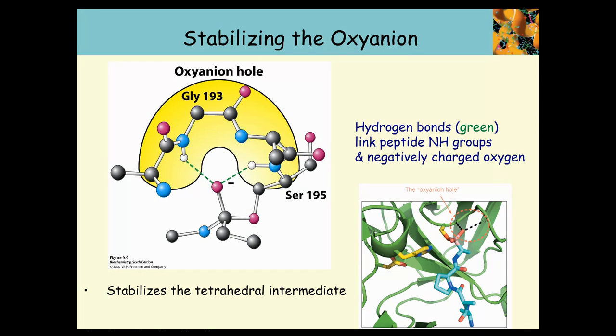If you're looking here, this has a negative charge. That's the CO that's now negatively charged up at the top. And it has to be stabilized through a positively charged residue on the enzyme, and that helps to keep it in place.